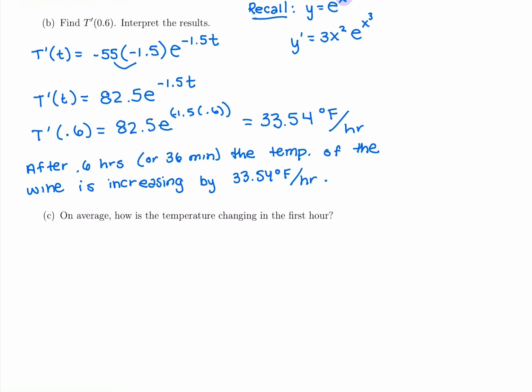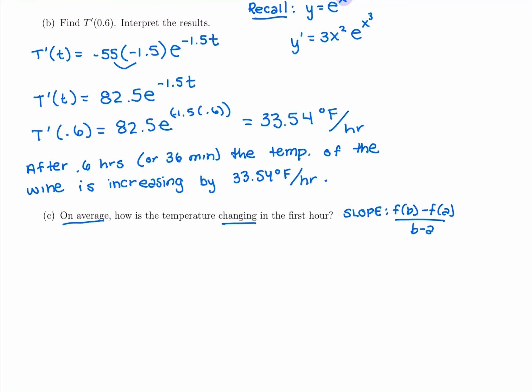On average, how is the temperature changing in the first hour? So I see the word average, and we're talking about change. Average change means the slope formula. I want to do f of b minus f of a all over b minus a. But normally we have an interval we're given, right? From 2012 to 2018 or something like that.